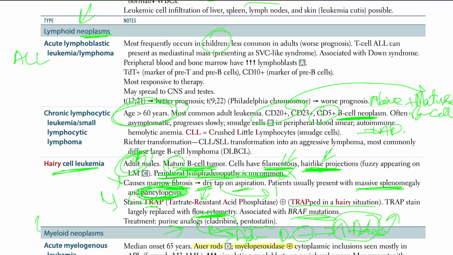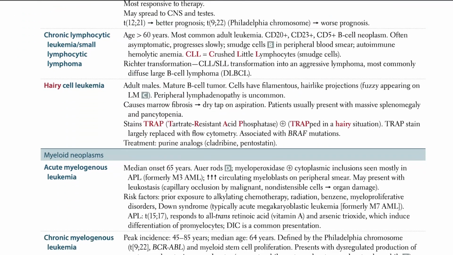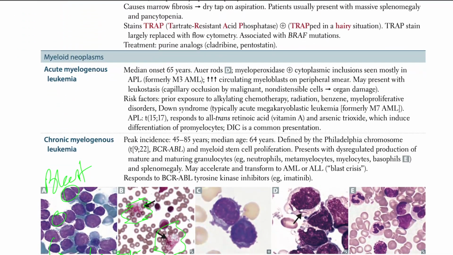That's pretty much what we have for the lymphoid neoplasms. So let's move on with the myeloid neoplasms. We have AML, acute myelogenous leukemia.